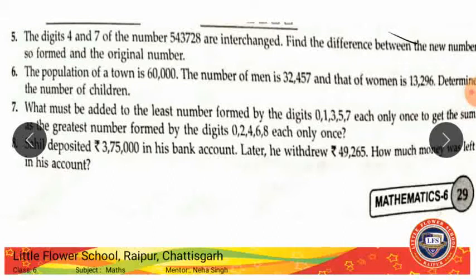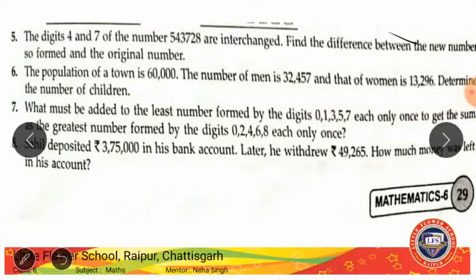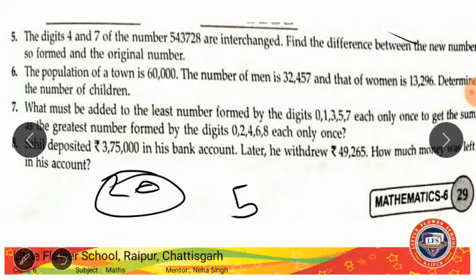Let us understand this question with an example. Suppose you are having 20 chocolates, and you have given 5 chocolates to your brother. You are having 20 total chocolates, you have given 5 chocolates to your brother.